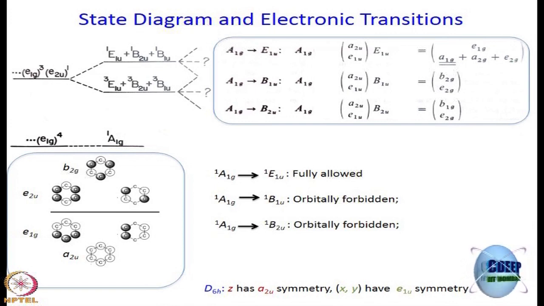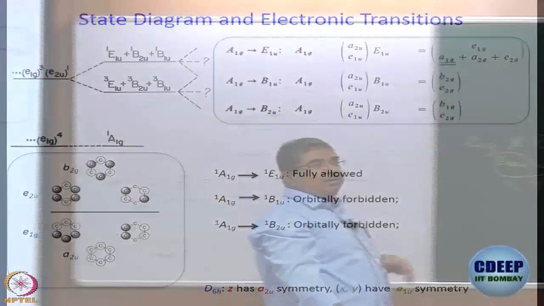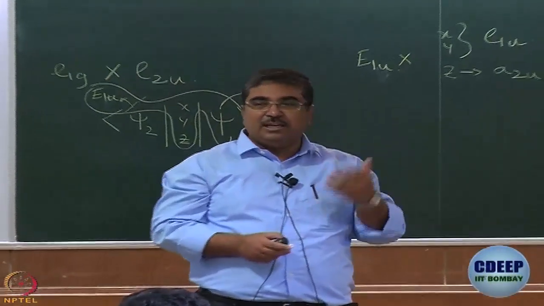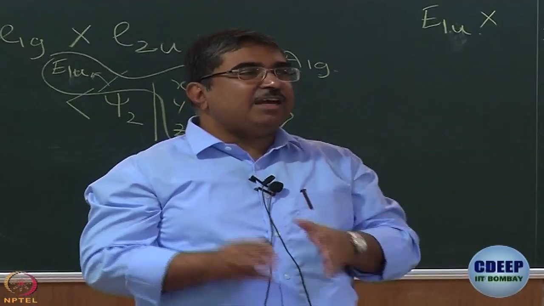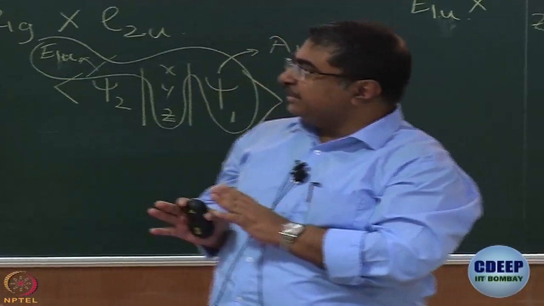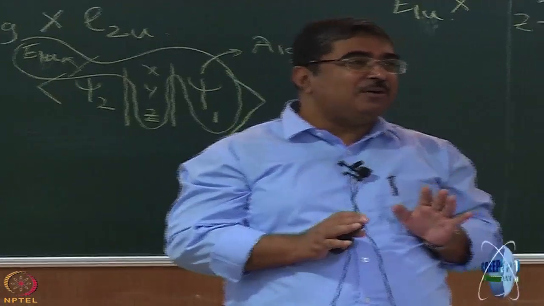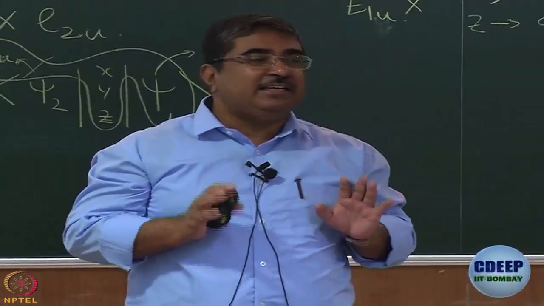alright. So, this is what we arrive at, that for benzene, now we know what the symmetries of the orbitals are, we know what are the ground state and excited states involved, at least for the lowest energy transitions, and we have been able to determine which of these transitions is fully allowed and which are not orbitally allowed.